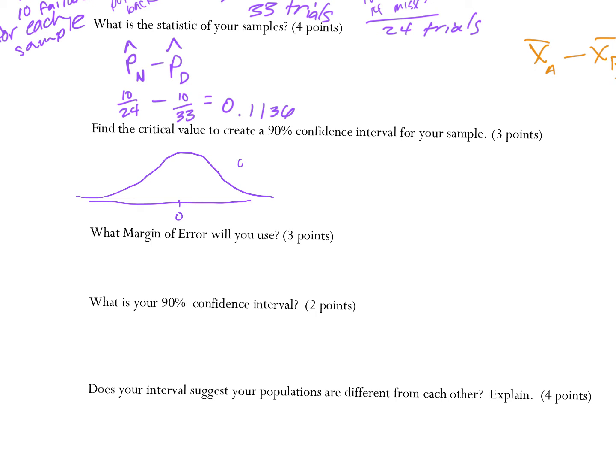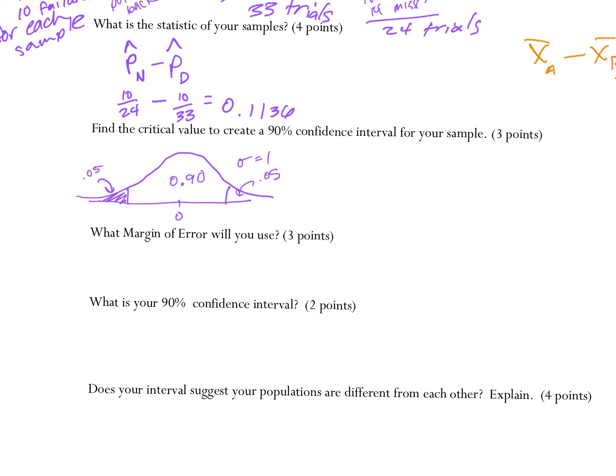This time we're doing 90%. And if my middle is 0.9, what does that make my tail? 0.05 for each, okay?